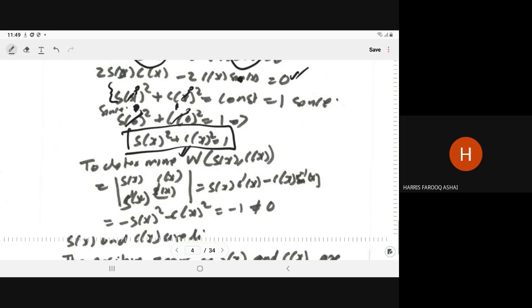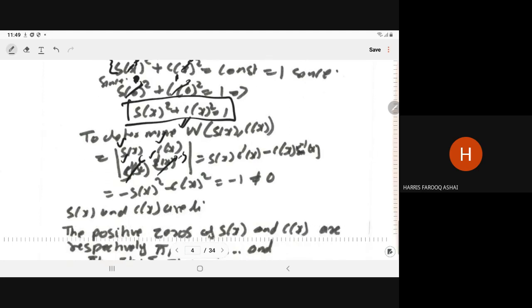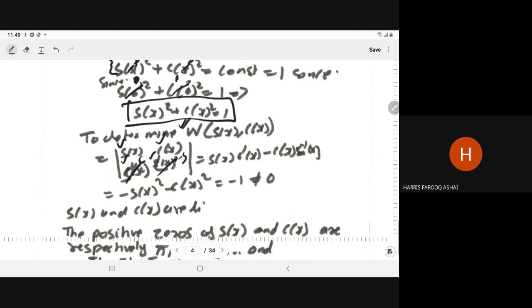It is s, c, s dash, c dash. What is s dash? S dash is c. What is c dash? It is minus s. So as you put this, you will get minus s square minus c square. From here, we know that its value is minus 1, not equal to 0. It means linearly independent. So s and c are linearly independent.